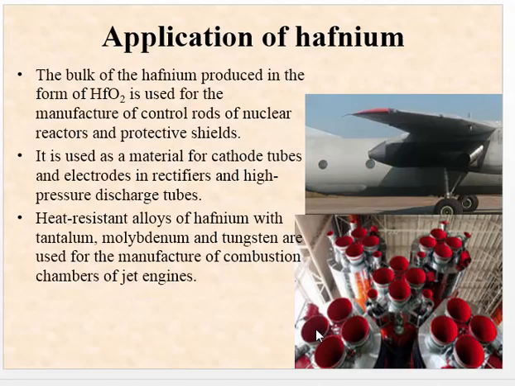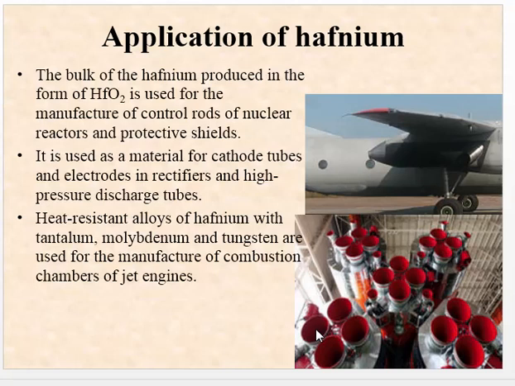And hafnium, where we can apply hafnium. The bulk of the hafnium produced in the form of hafnium dioxide is used for the manufacture of control rods of nuclear reactors and protective shells.